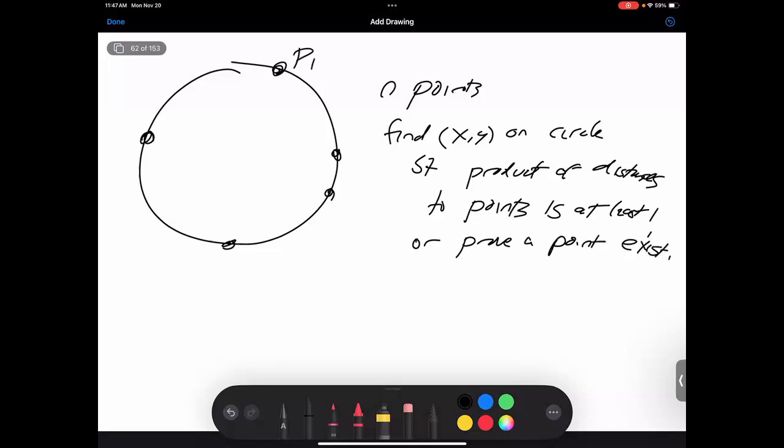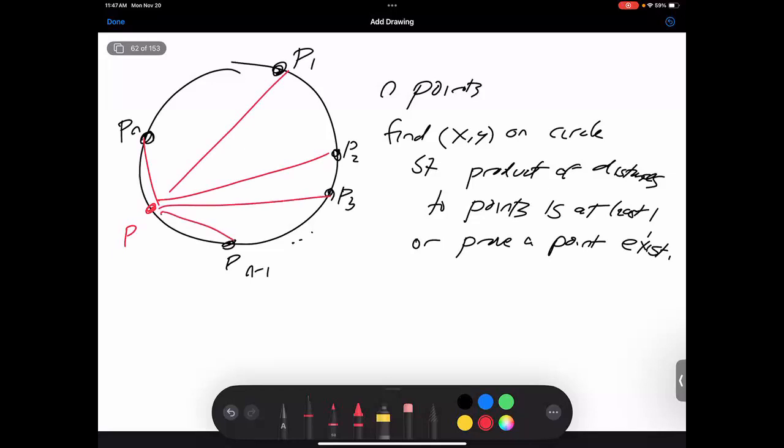So here's P1, P2, P3, Pn minus 1, Pn. So prove that there is some point on the circle so that no matter where I put all the other points, if I look at the product of all the distances, it's at least 1. So the way I'm phrasing it, I'm telling you there is such a point. Unit circle.